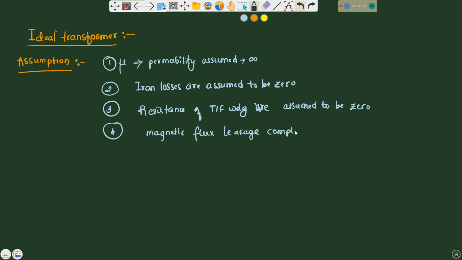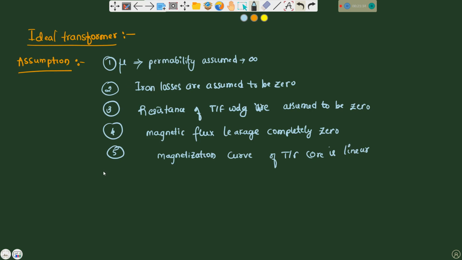And the last one, we have the magnetization curve of the transformer core, which is assumed to be linear. These are some assumptions made for an ideal transformer.